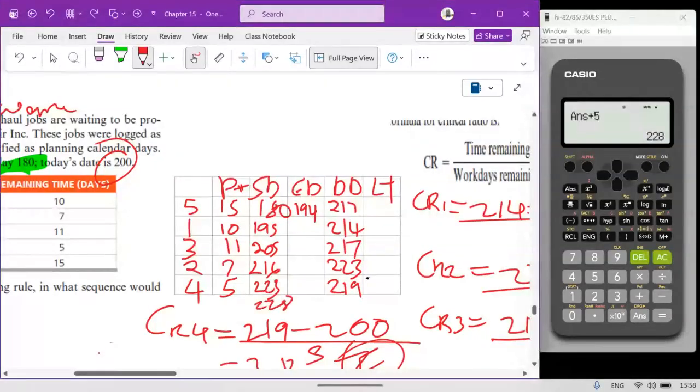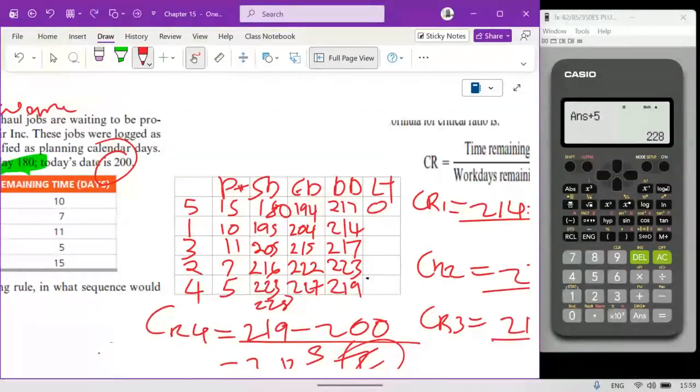Then this one becomes 204, 215, 222, 227. Then looking at that, that is larger, this becomes 0.